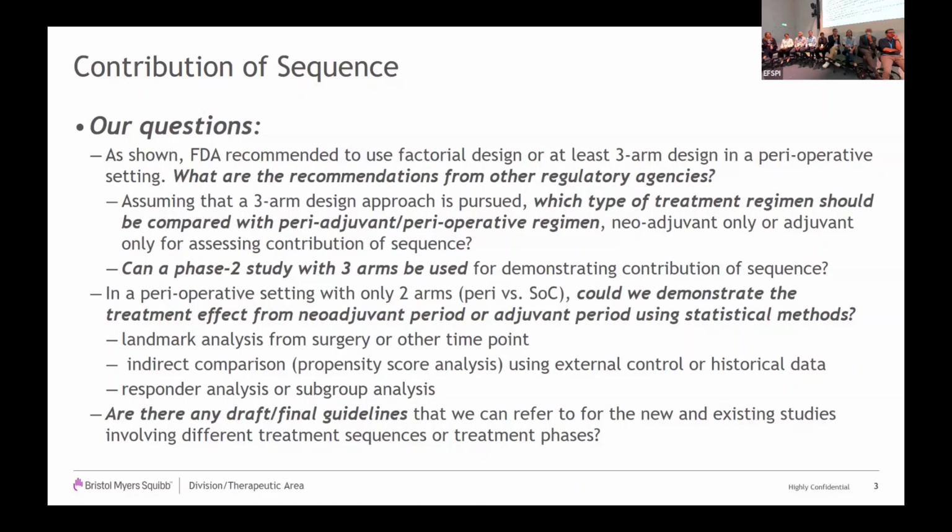What you could do, rather than have a 3 or 4-arm trial, is re-randomize. That would be a simple and standard solution, and then you would address a slightly different question. It would not be the whole trajectory over the whole treatment, but it would be the question: when I have completed my surgery successfully, what added benefit do I get when I'm treated afterwards again?